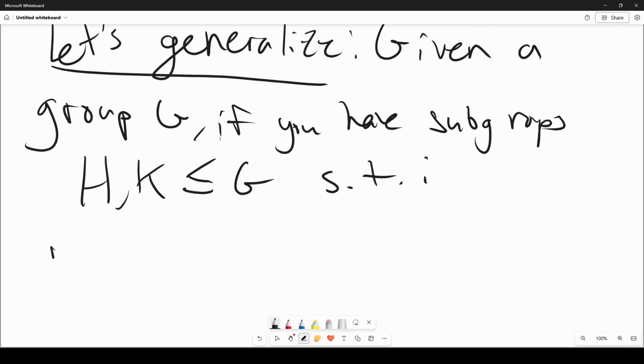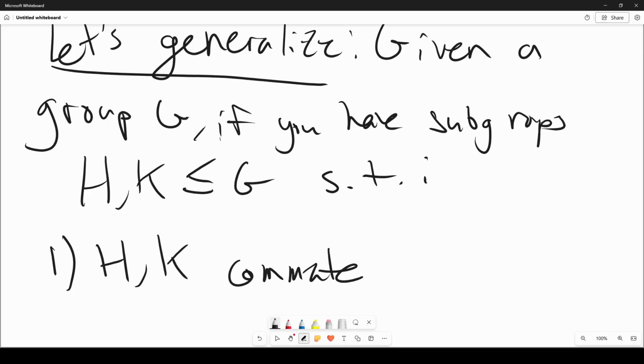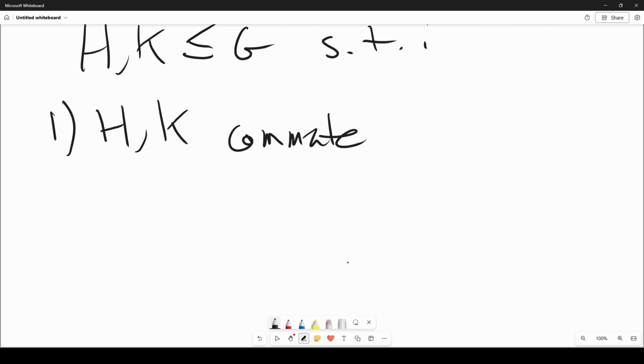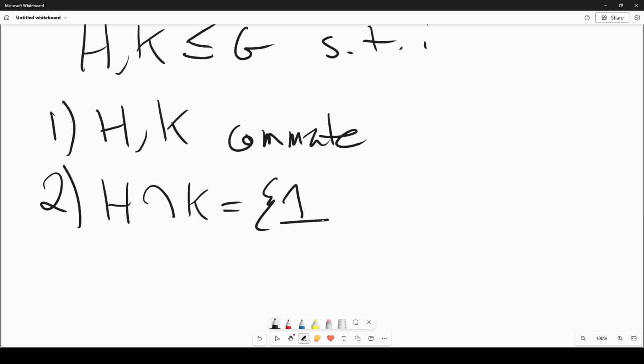The first one is that H and K commute. This guarantees me that the subgroup product is an actual subgroup. The second one is that H intersect K is just going to be the identity.